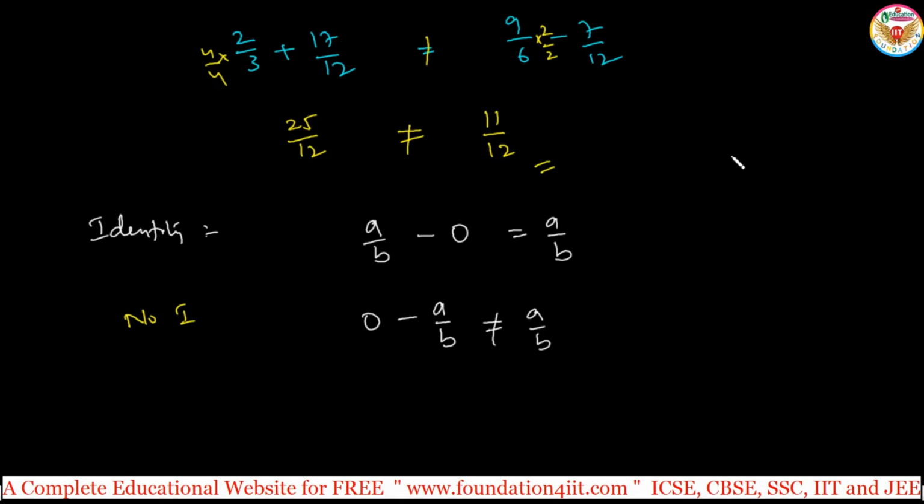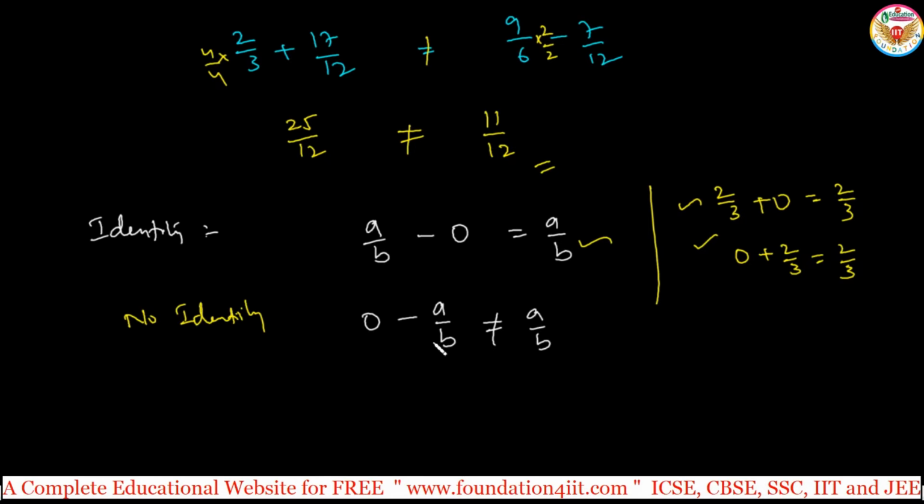For addition we do get an identity, because 2 by 3 plus 0 is 2 by 3, and 0 plus 2 by 3 is also 2 by 3. So addition has an identity, but subtraction has none. For example, 2 by 3 minus 0 is not equal to 0 minus 2 by 3.